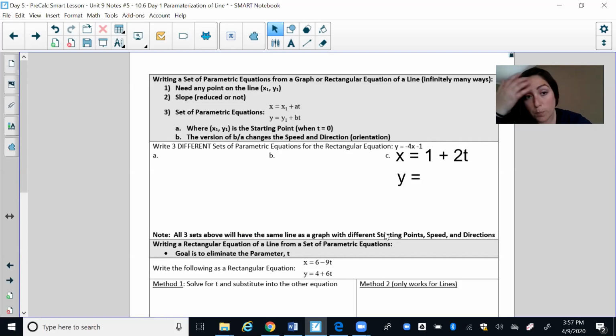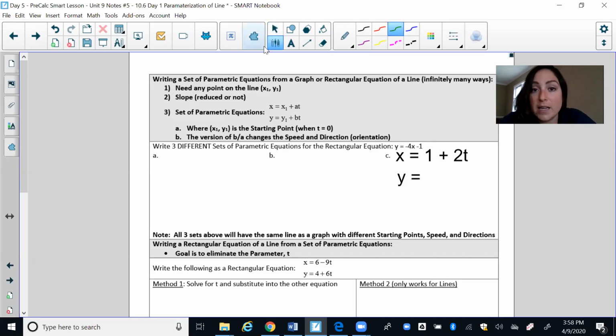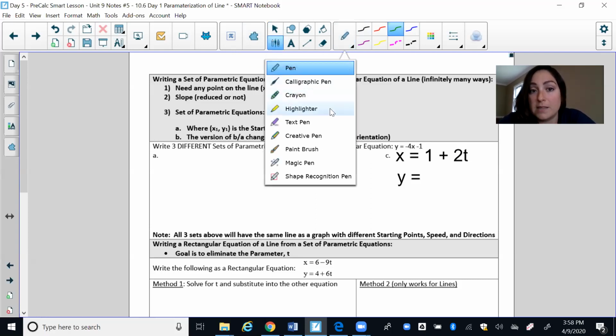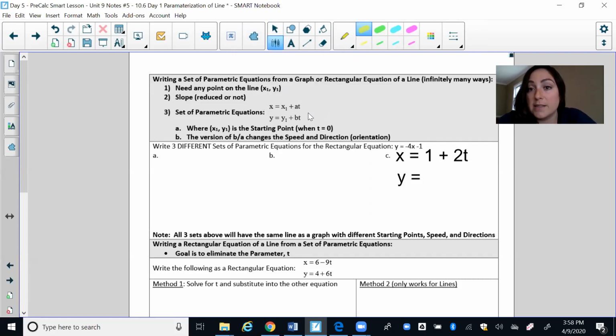So once you have your point, x1, y1, and you have your slope, change in y over change in x, or b over a, we can put them together to create a set of parametric equations. So all a parametric equation does is it takes a rectangular equation, which mixes x and y together, and it separates it.